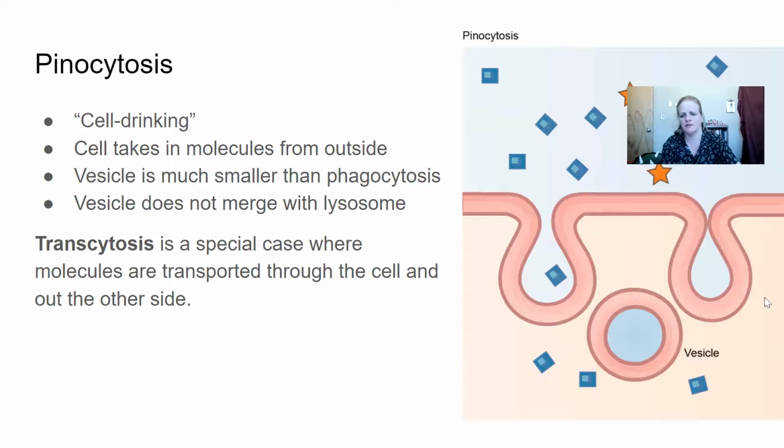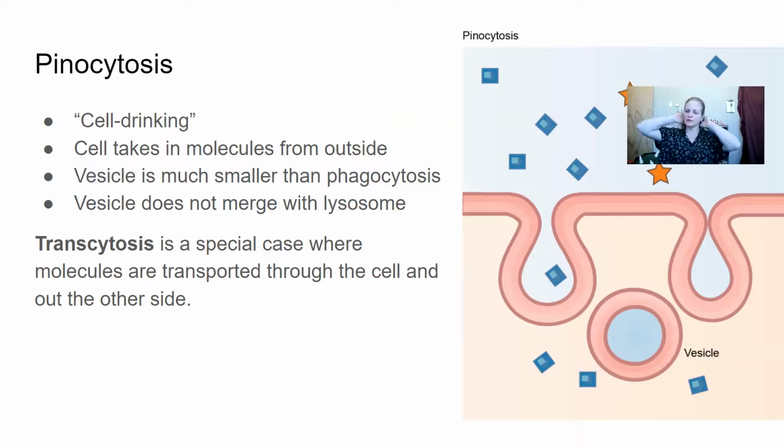In this diagram, maybe that's a sugar. The differences between pinocytosis and phagocytosis are that the vesicles tend to be much smaller in diameter, and they don't necessarily merge with a lysosome like they do in phagocytosis.